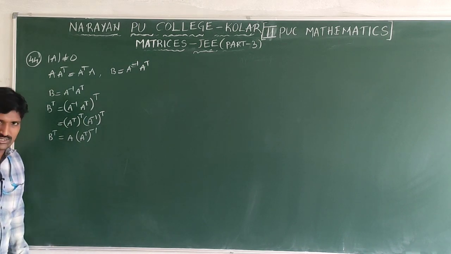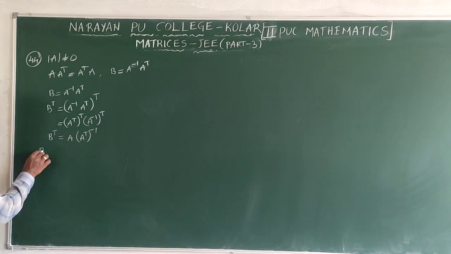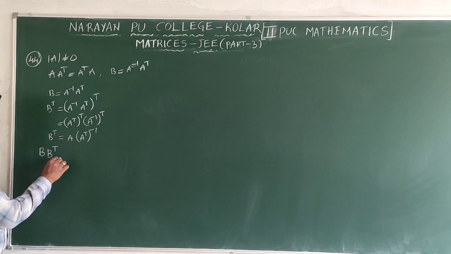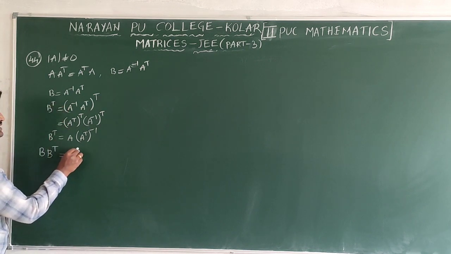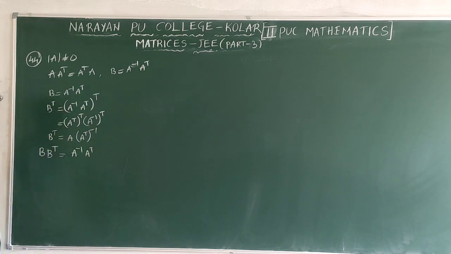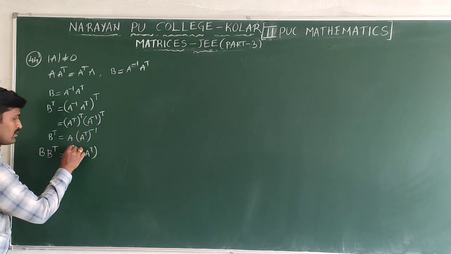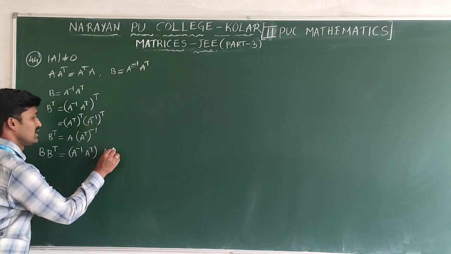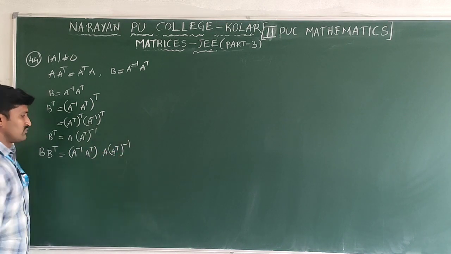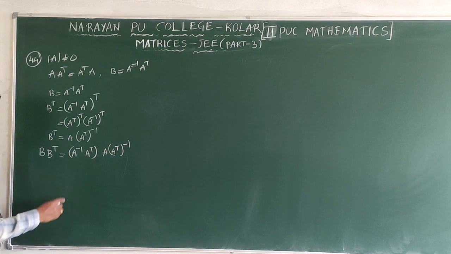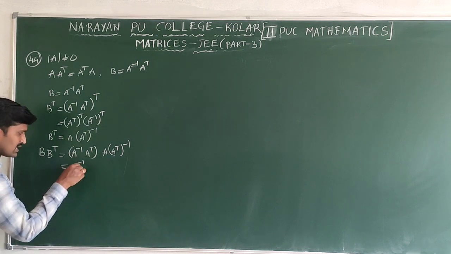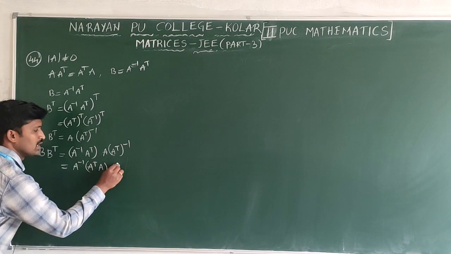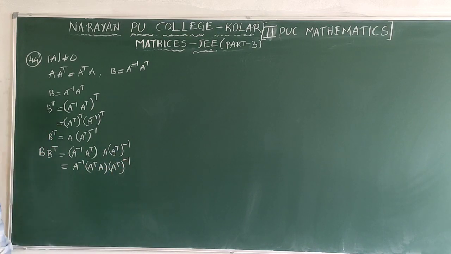This is B transpose. Now I will multiply B into B transpose. What is the B matrix? A inverse into A transpose. A inverse into A transpose, into what is B transpose? A into A transpose, whole inverse. Now you can change the bracket here: A inverse, A transpose into A transpose whole inverse.